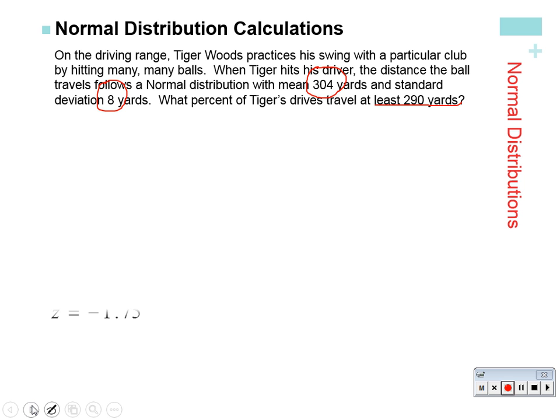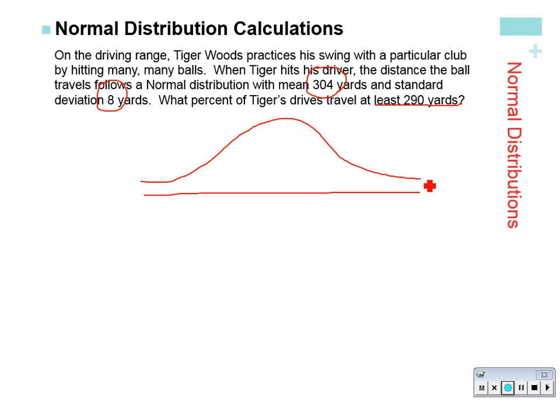So what we want to do first here is draw a normal curve. So let me back this up a little bit here. So here's my normal curve, and here's the 304 down the middle. So at least 290, I'm going backwards from the mean here.